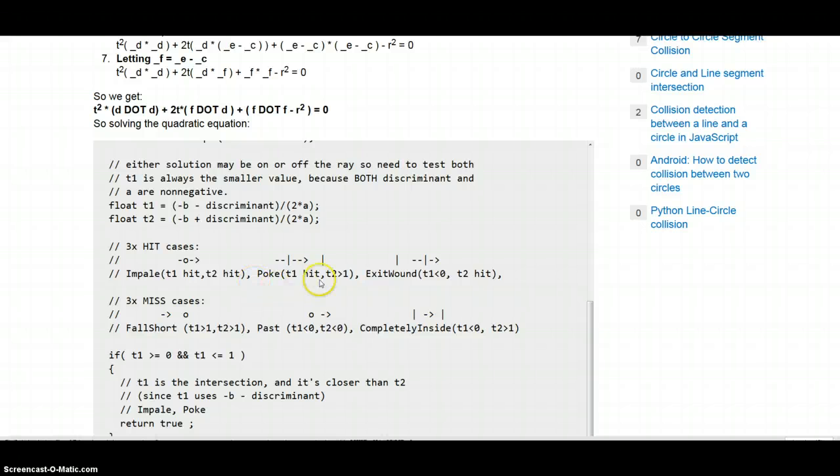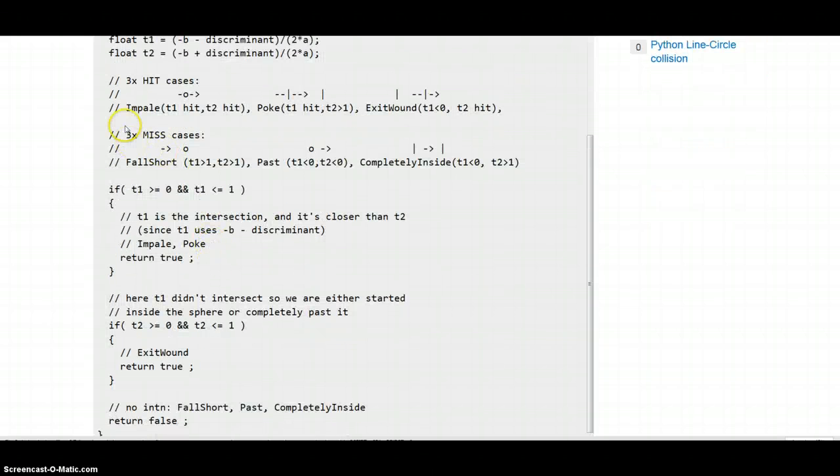It can be poke the sphere, so it goes in but not coming out, or it just comes out but never going in. And the 3 miss cases are fall short, so it never reaches the sphere, or it goes past the sphere, or it's completely inside the sphere, never coming in or never going out.